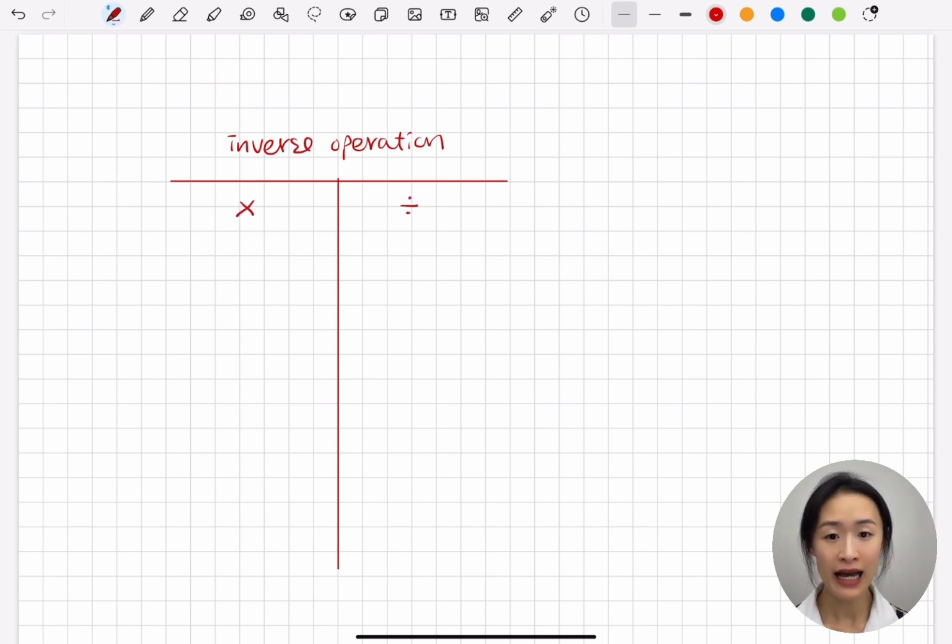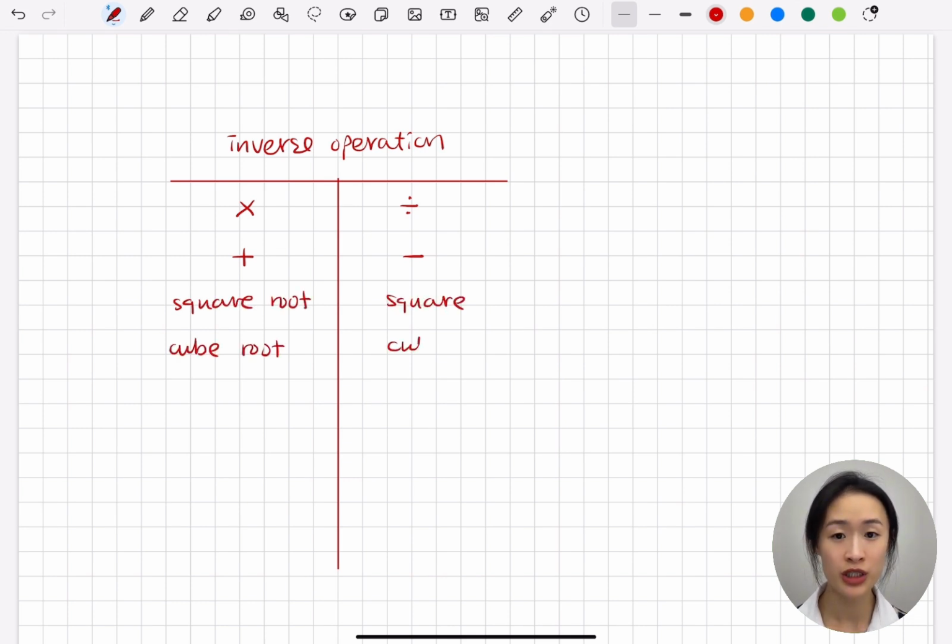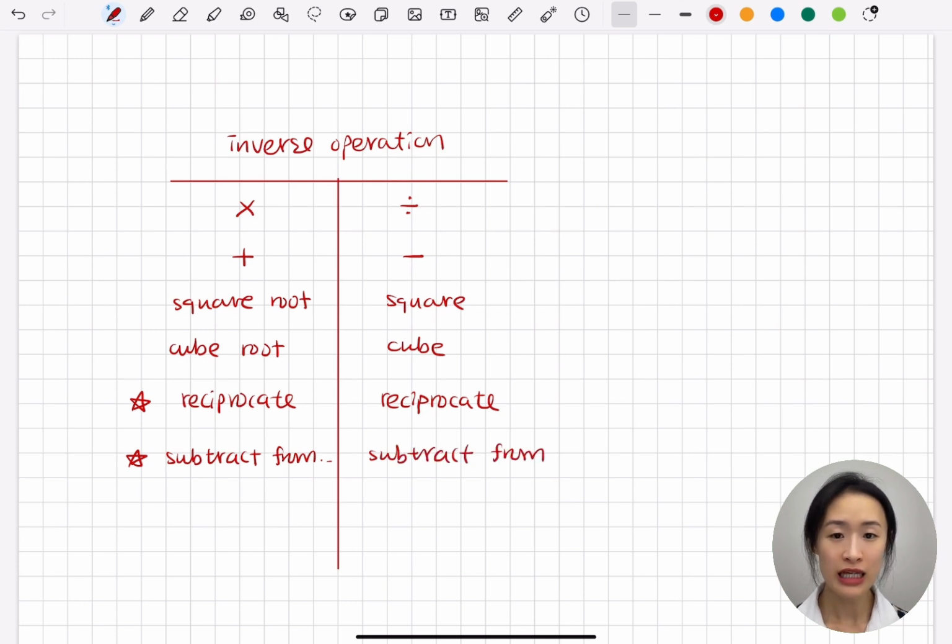The inverse of adding is subtracting. The inverse of square root is square. The inverse of cube root is cube. Now there are two special ones. The first one is reciprocal. The inverse of reciprocal is itself. And also the inverse of subtract from is subtract from. So these two stay the same.